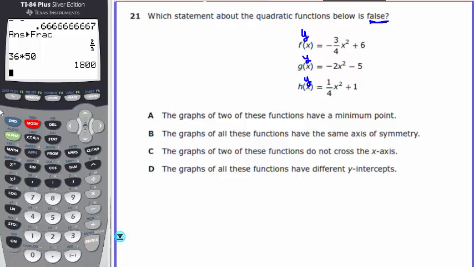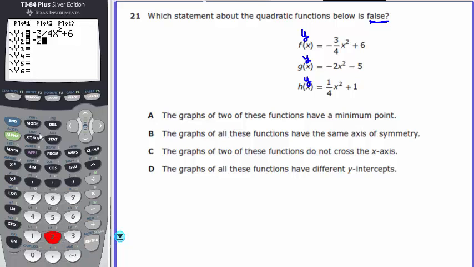So that means you can go to the calculator and press the y button and enter these formulas. So this would be -3/4 x squared plus 6, -2 x squared minus 5, and 1 divided by 4 x squared plus 1.